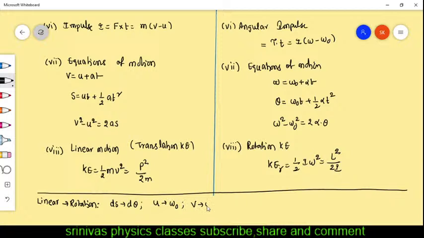Final velocity v becomes final angular velocity omega. Acceleration becomes angular acceleration. Force becomes torque. Momentum becomes angular momentum. And mass becomes moment of inertia. If you remember these terms, then automatically you can write all the formulas in the rotational motion. Is it clear, students, till now?